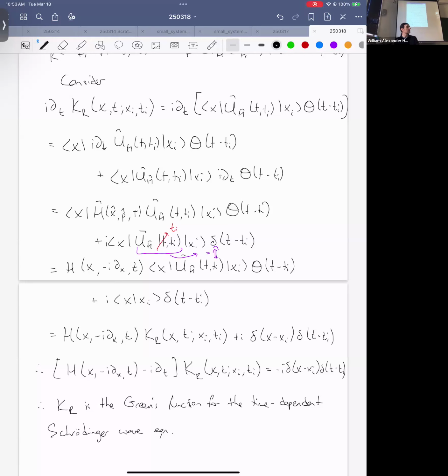Yes. Is there a reason you didn't put a hat on it? Because it's an operator when it's hanging out inside of the inner product, but I'm moving it outside of that inner product. And so now it's a function of numbers and derivatives.